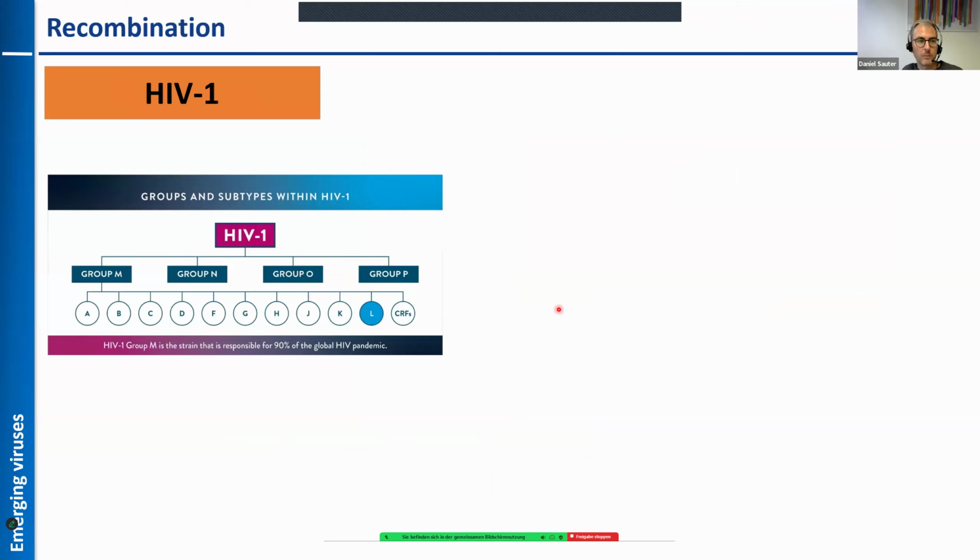Then we already talked a bit about recombination, and one of you mentioned HIV as a nice example of a virus where recombination occurs. This is also illustrated here. The reason why HIV tends to recombine is because it has 2 copies of a single-stranded RNA genome, and HIV is very diverse.